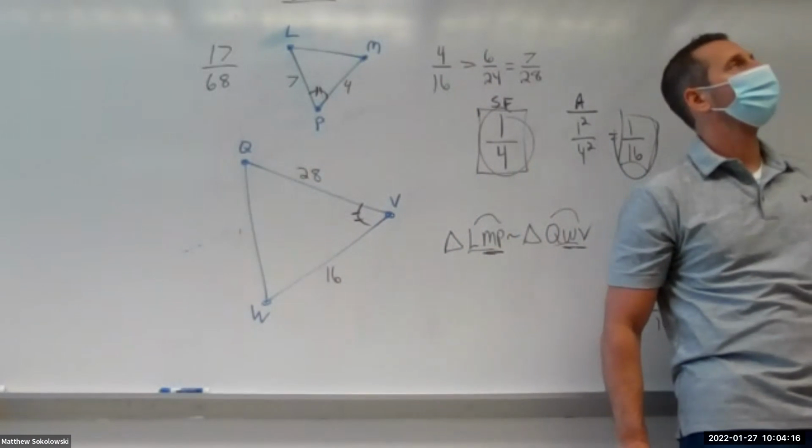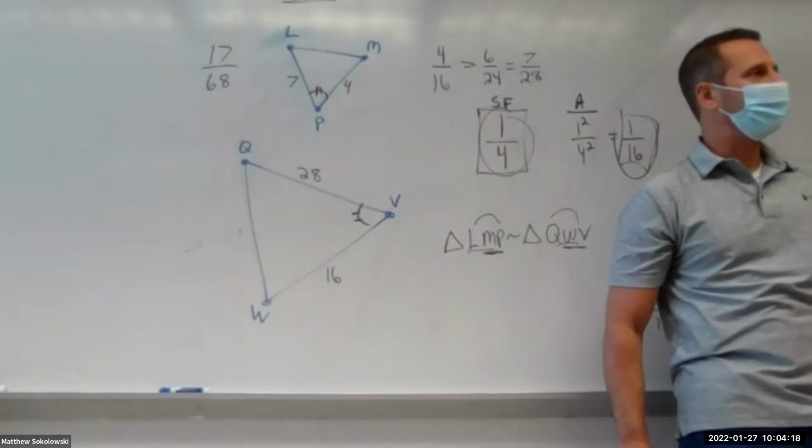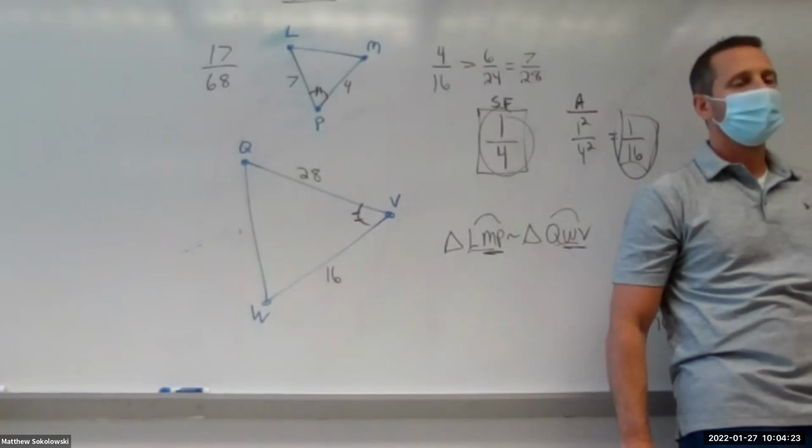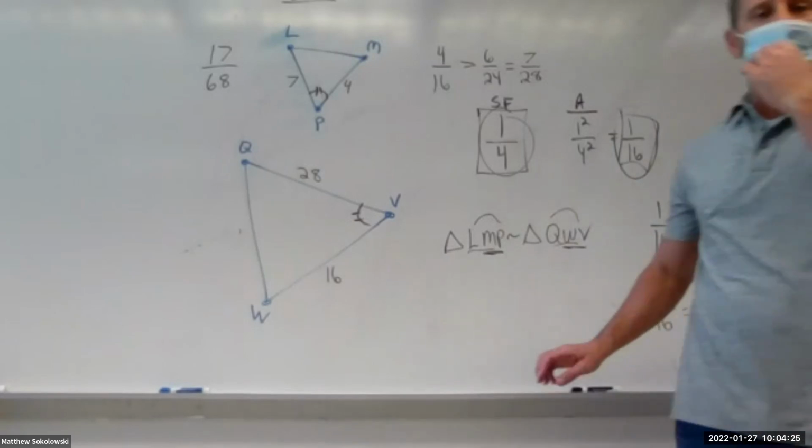Okay. What else we gotta do? Dilations? All right, so you're gonna need your Chromebooks. We're gonna find that piece of graph paper in your Chromebook.